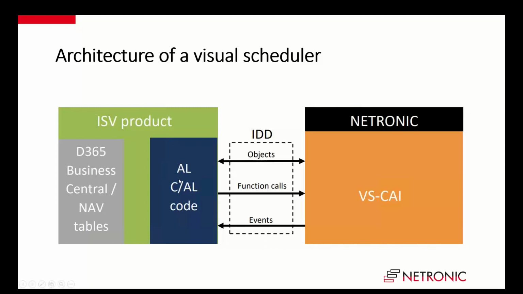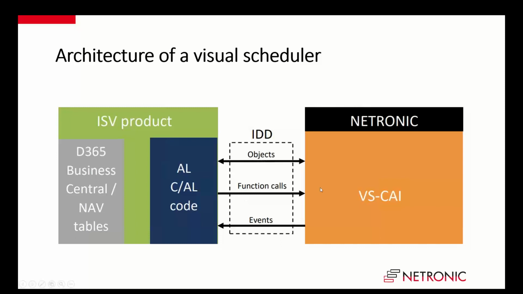What I did now is more or less this AL code. I coded some stuff and started to interact with this visual control add-in. This is done by certain function calls and transferring logical objects of this control add-in back and forth.